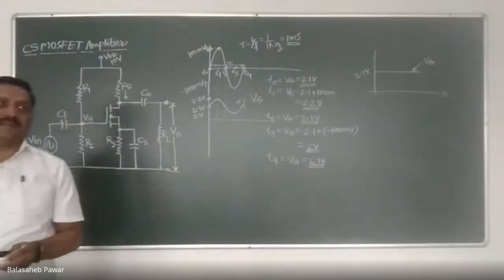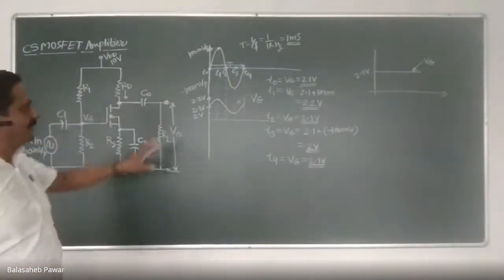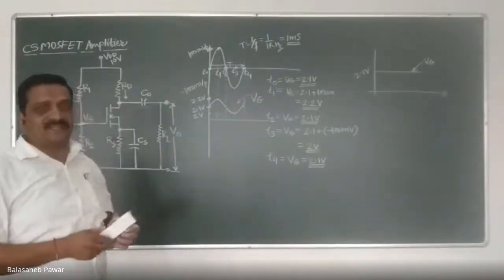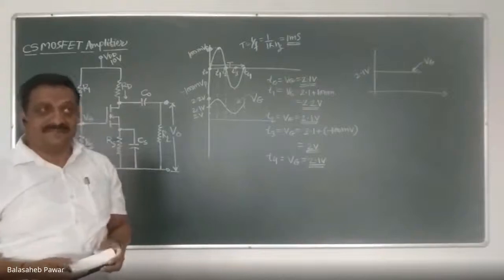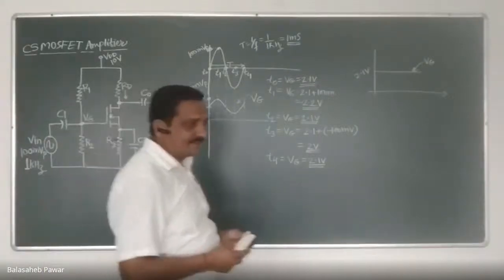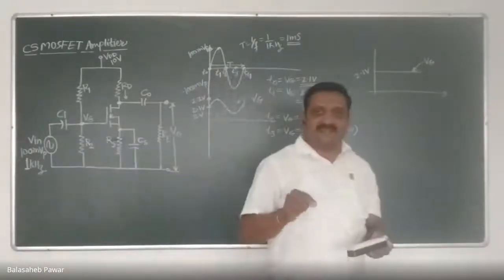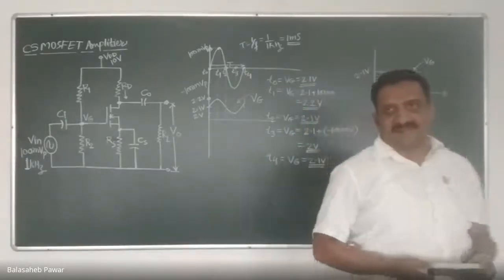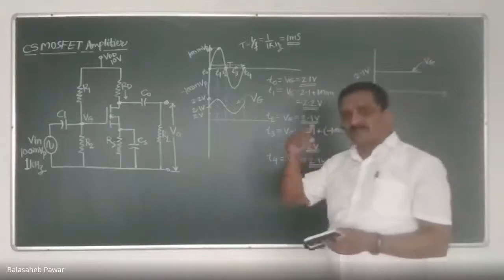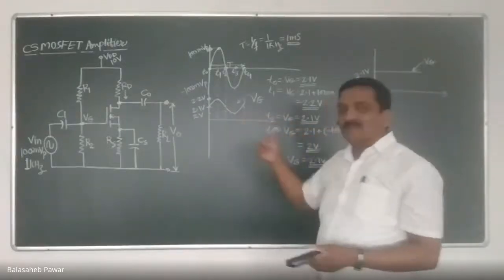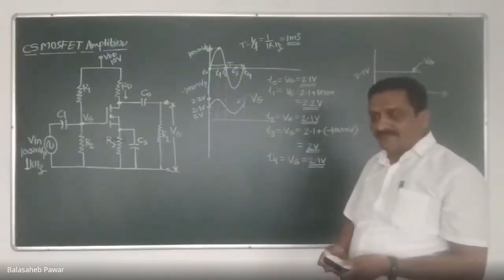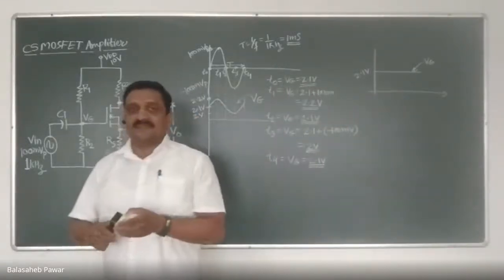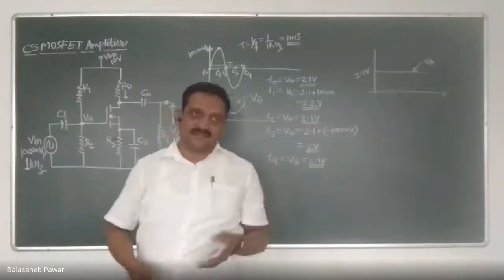These things you might not have studied during your previous year, and the same things are applicable for your BJT amplifier also, remember. But instead of input voltage, you have to consider the input current, because BJT is a current controlled device, and that input current IB also changes like this, but it never becomes zero. If that input current becomes zero, the BJT will enter its cutoff region.